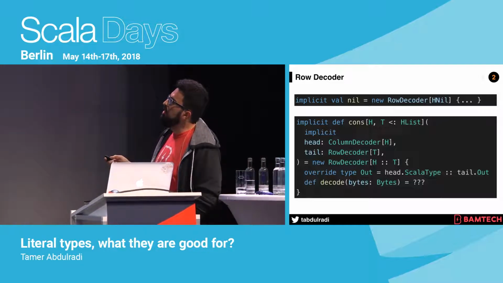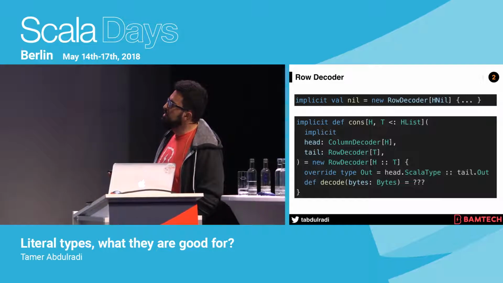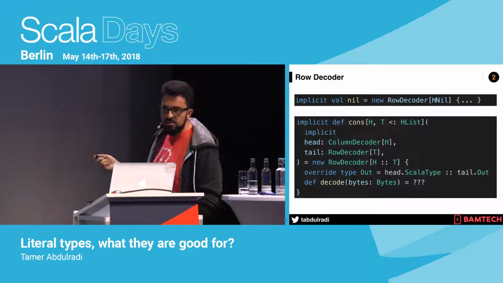So we define head to be any type and tail to be an HList. Then we define the decoder for head cons tail. Ask the compiler for two implicit instances, a column decoder for the head and a row decoder for the tail. So here's the recursive bit. And the instance is defined as just you compose the types we got from the implicit instances.